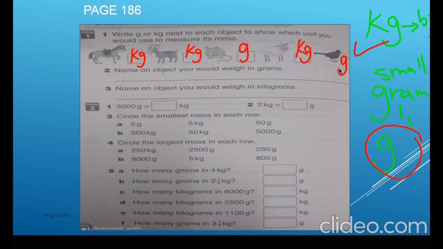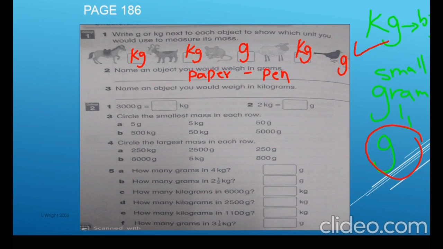Now, as you see in question 2 and question 3, name any object you think would be weighed by grams, and in 3 weighed by kilograms. Write anything. For example, in 2, I think we can write paper. Good. What else do you use in your home? Pen.